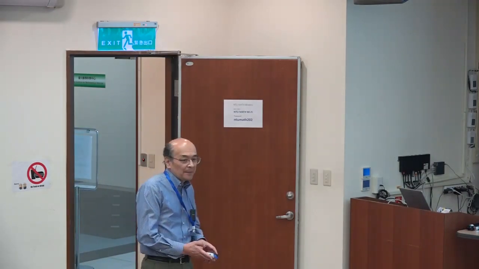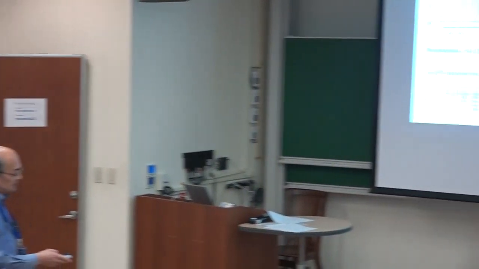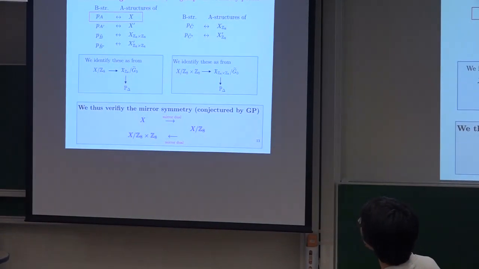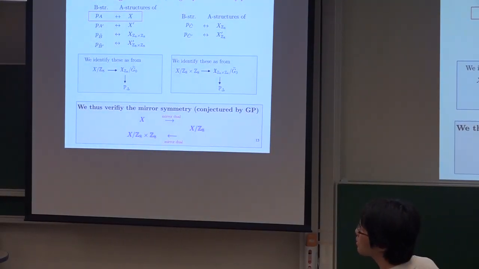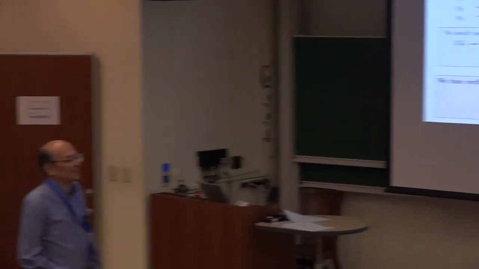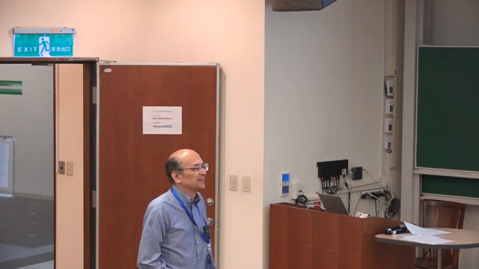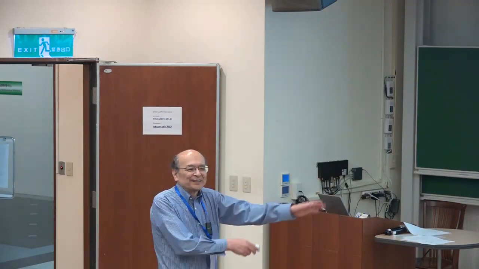Any other questions, comments? I have a question. You studied the complex moduli of X over Z_H or X over Z_H cross Z. What about X itself? Was it studied by Calabi-Yau? Yes, that is for technical reasons. I couldn't come to a nice family. Around here I'm not telling you a theory, just my calculation.